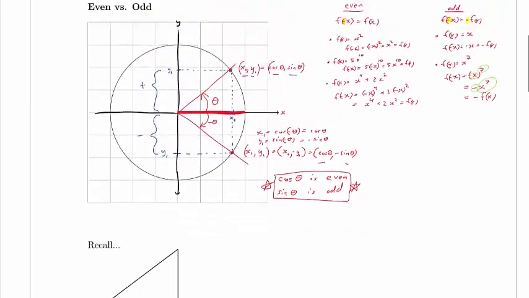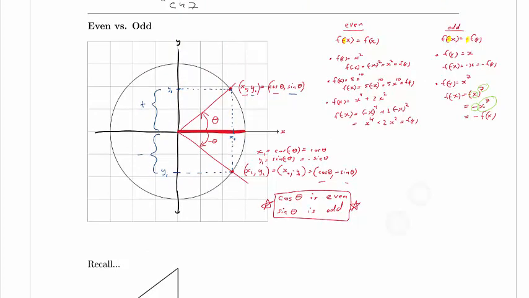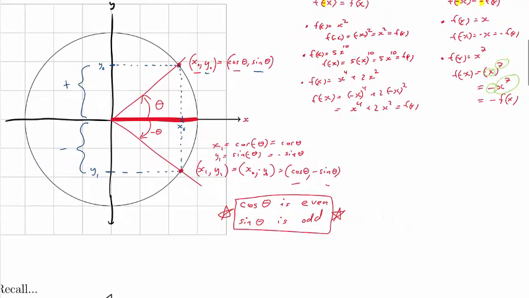All right, and let's go ahead and see what this implies for the other trig functions. Let's think about tan of negative theta, because we want to see if it's even or odd. Well, what is tan theta? That's sine over cosine.